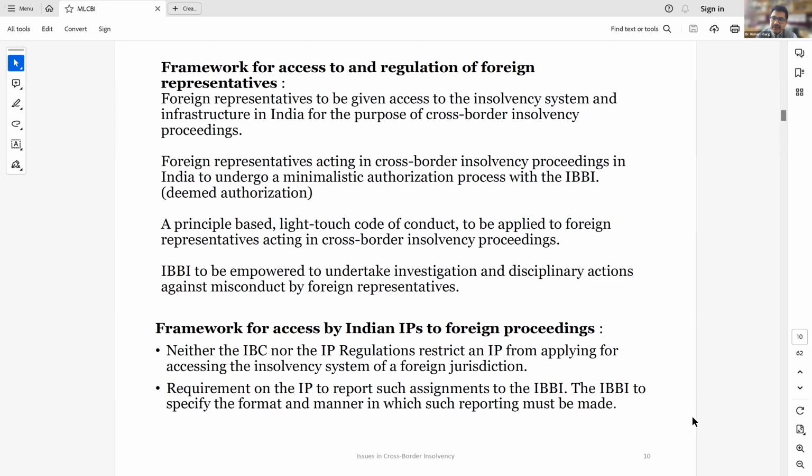I will be explaining certain instances where, despite there being no cross-border insolvency framework in place, some foreign courts, especially in the USA, have recognized the moratorium of the NCLT and given effect to it. There is also a requirement on the IP to report such assignments to the board, which will specify the format and manner in which such reporting must be made.